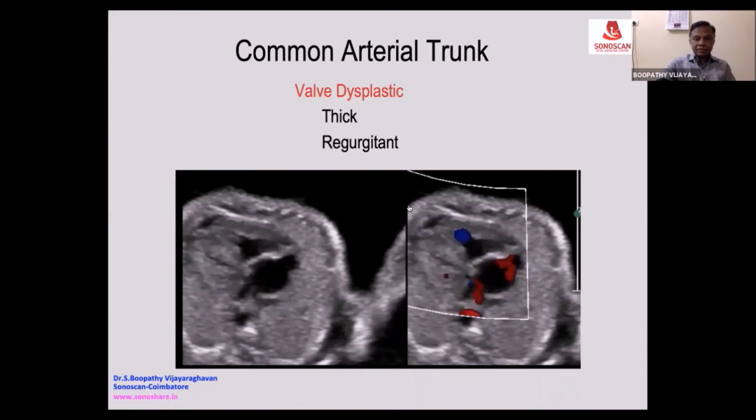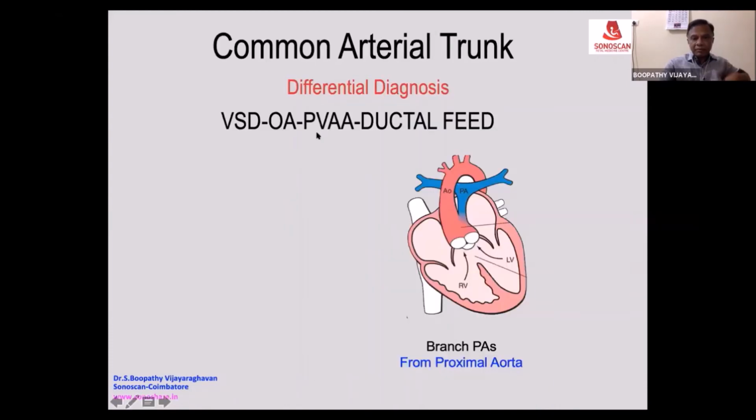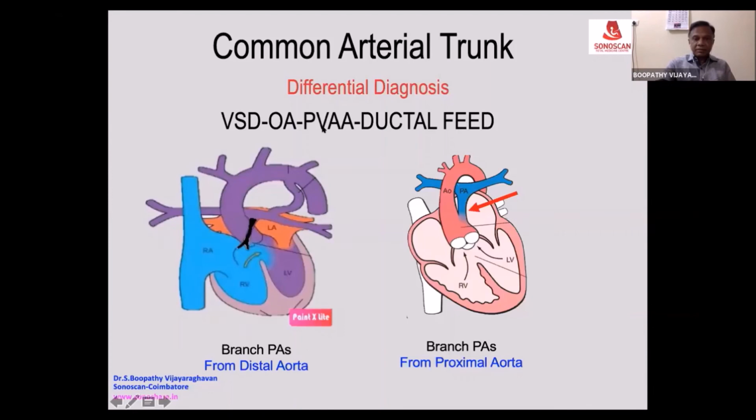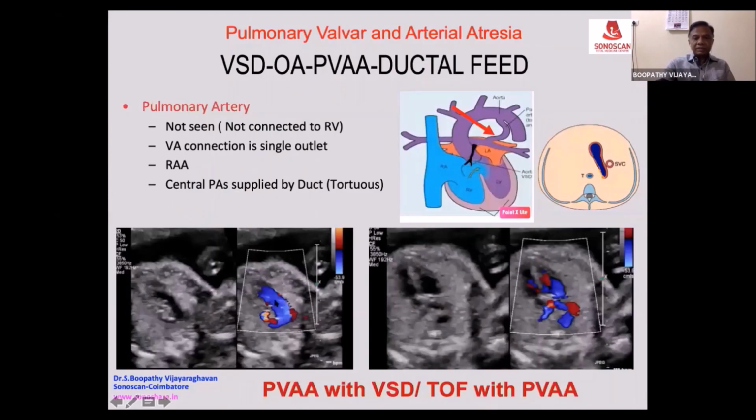And you see the video showing pulmonary valvar and arterial atresia with a ductal feed. This is not normal, I mean, this is common arterial trunk. You see the pulmonary arteries arising from the proximal part of the common arterial trunk, whereas in pulmonary atresia with VSD, the pulmonary arteries are fed by the duct from the distal aorta. That is the crucial difference between the two conditions.